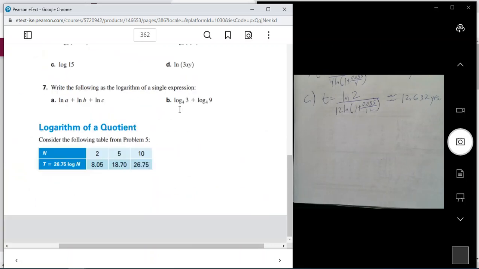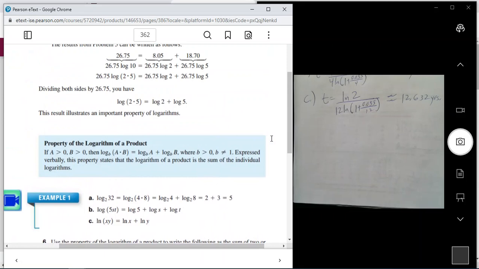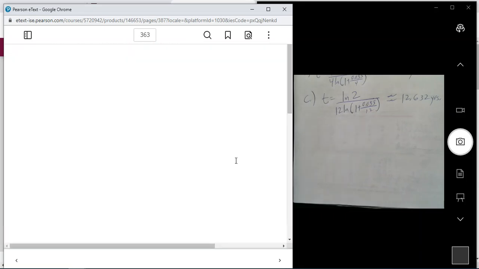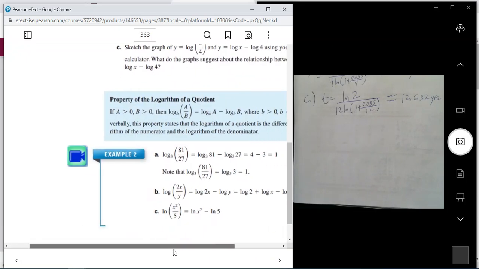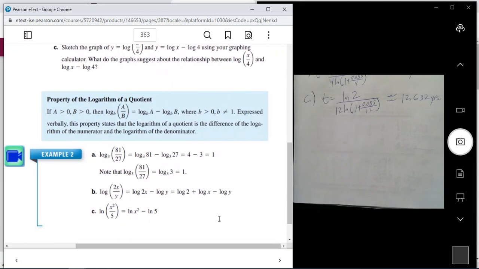And then I guess I need to run through this. Let's see, do we have a division? Yeah. Okay, the property of the quotient, because remember the opposite of multiplication is division. So since we know the opposite of multiplication is division, if we multiply with the same base in the log and we do addition, then if we divide with the same base, we would do subtraction, which we have here.